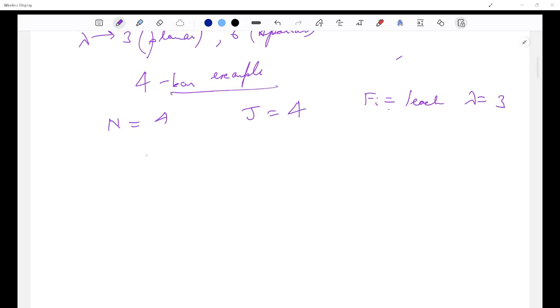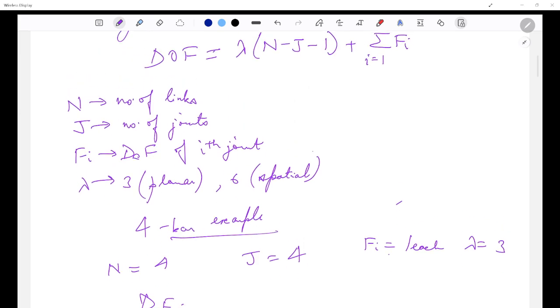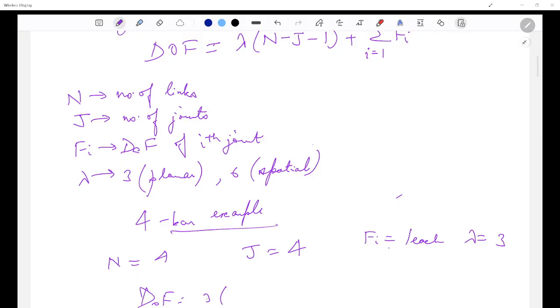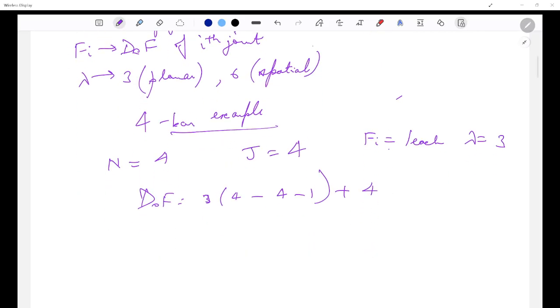So degree of freedom is 3 times (4 minus 4 minus 1) plus 4, so it's going to be 4 minus 3, which is 1. It is a 4 bar mechanism, but it has just 1 degree of freedom.